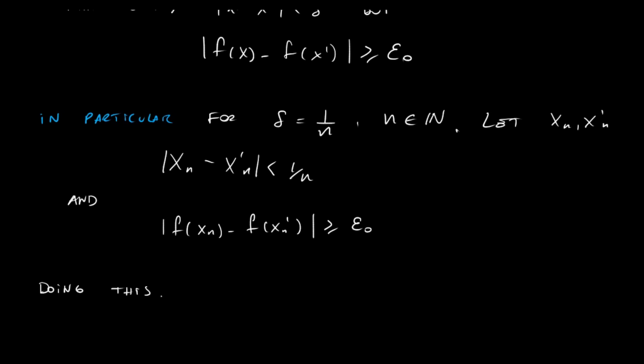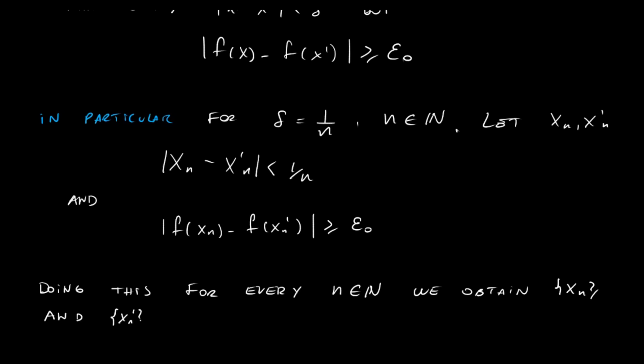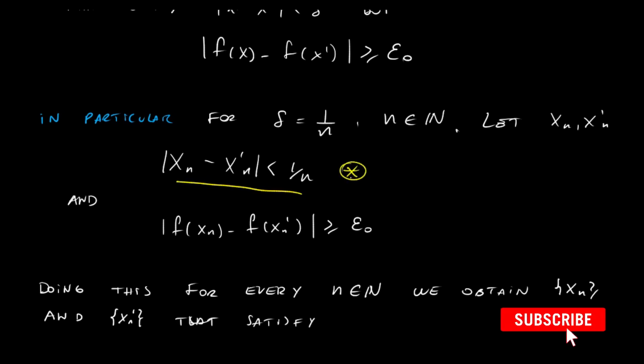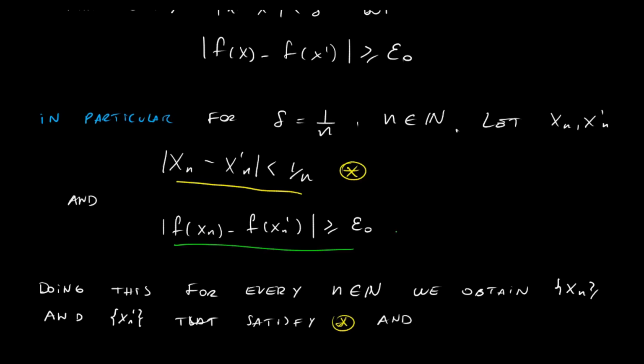So doing this for every natural number n, we obtain sequences x sub n and x sub n prime that satisfy that the difference is smaller than 1 over n, and that the difference of the f is greater than or equal to epsilon 0.